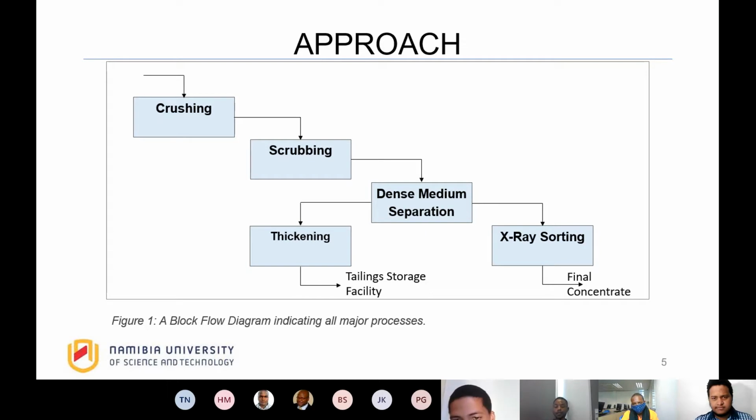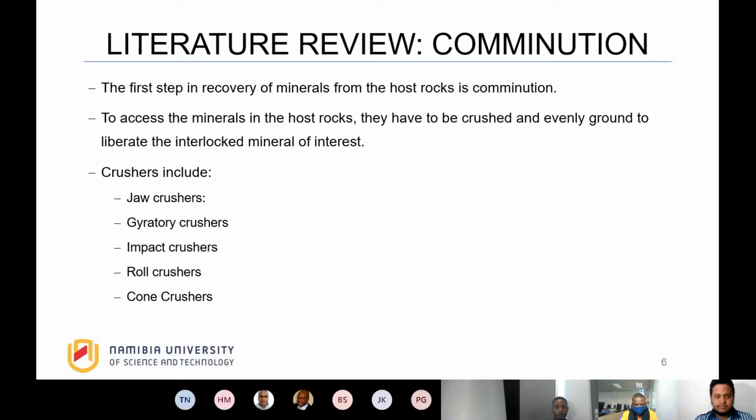This is based on the diamond-specific properties, which separates the rough diamonds from materials that have higher specific density. The thickener: materials are thickened with flocculants and pumped to the tailings facility. That's basically our approach in this design.